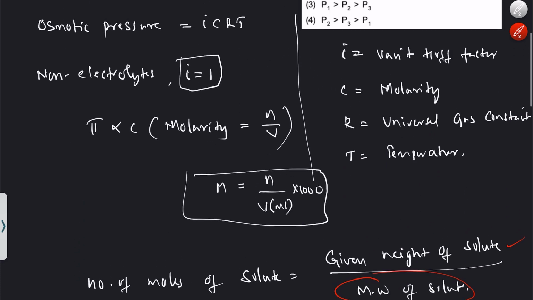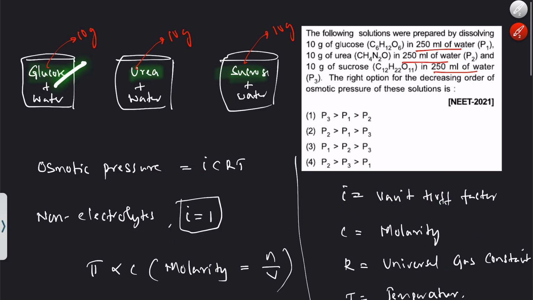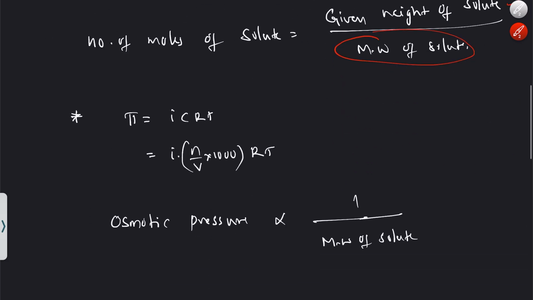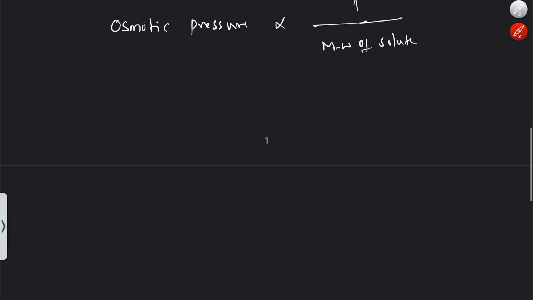All right. So we are given glucose whose formula is C6H12O6, and urea whose formula is CH4N2O, which can also be written as NH2CONH2. Then we have sucrose whose formula is C12H22O11. So let us quickly find the molecular weights of all these solutes.